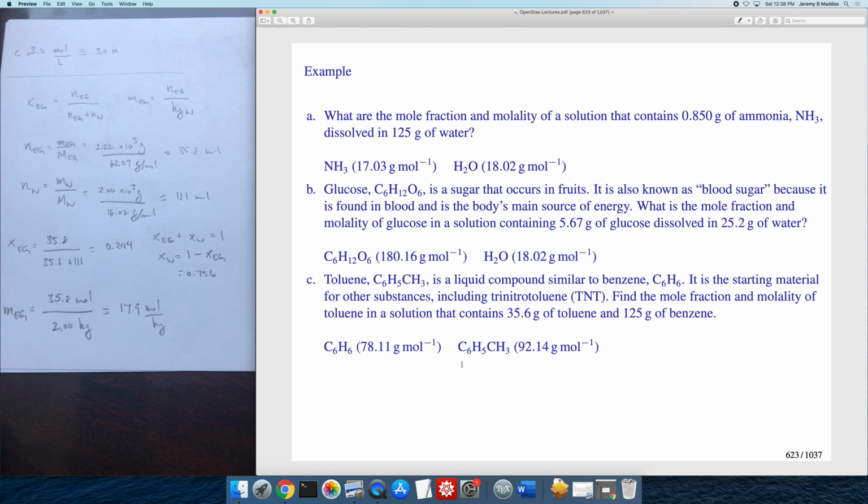So these three problems are identical to the ones that we've just done. The only thing that's different are the amounts that are being combined and, of course, the molar masses of the compounds. But beyond that, these three problems are performed in exactly the same fashion as we've done here. So I'm going to leave those as an exercise for you to try.